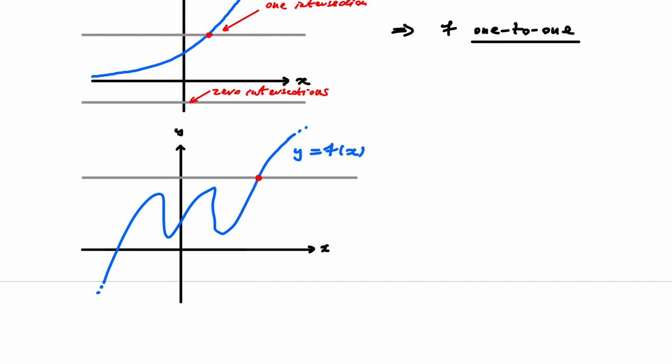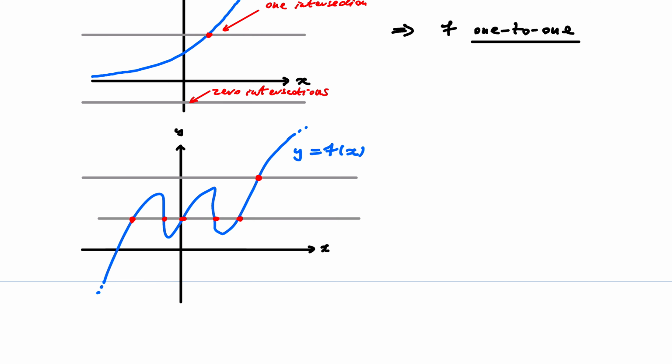So yes, some horizontal lines cross once, but not, for example, this guy. This horizontal line hits tons. It hits 5 times. That would correspond to 5 distinct values in the domain which all have the same output. So it's massively not one-to-one.